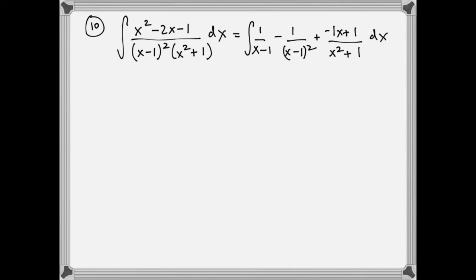So I'm actually going to do a similar trick as I did last time, right? I'm going to break it up into 3 integrals. I have 1 over x minus 1, and then I have 1 over x minus 1 squared. I'm actually going to write this as x minus 1 to the negative 2.